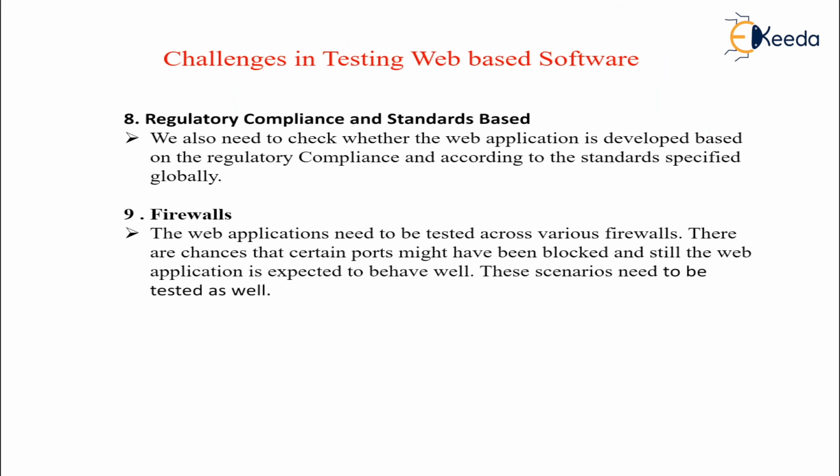Then regulatory compliance and standards. Once the quality assurance team defines my web applications, we also need to check their regulatory compliance and conformance to the standards specified globally. Of course, there are also firewalls. How does my web application behave in a firewall? It needs to be tested across various firewalls, which might support it or even block the web application's responses.